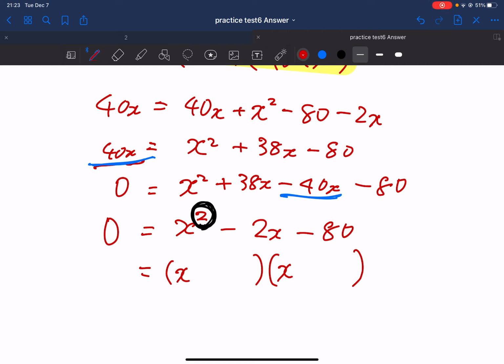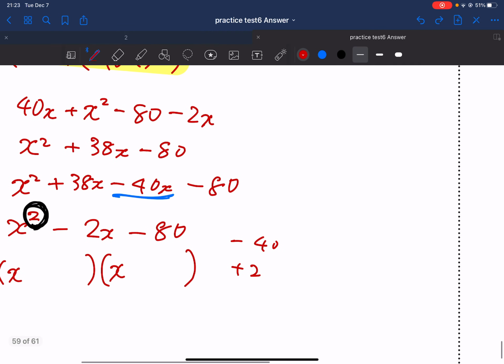There are a lot of ways. Let's say we have negative 40 times positive 2. If you multiply these two, we're going to have negative 80. That's the one that we are trying to find, right?